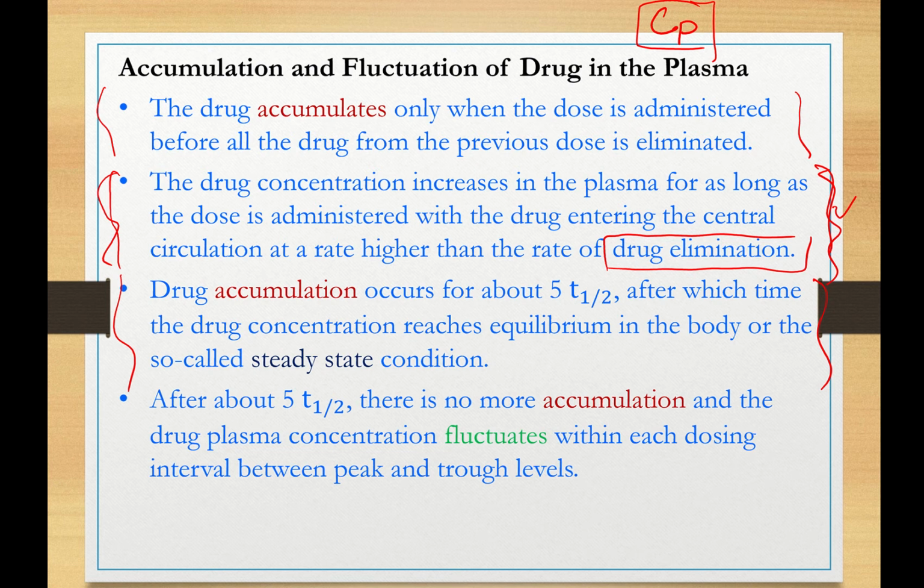So drug accumulation occurs for about 5 half-lives, after which time the drug concentration reaches equilibrium in the body, which is the so-called steady state concentration, okay? After about 5 half-lives, there is no more accumulation, and the drug concentration fluctuates within each dosing interval between peak and trough levels. That's because the rate of drug elimination equals the rate of drug input, okay, in the body.